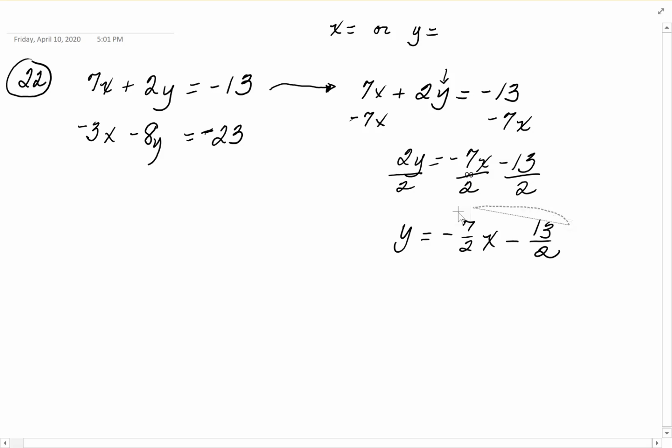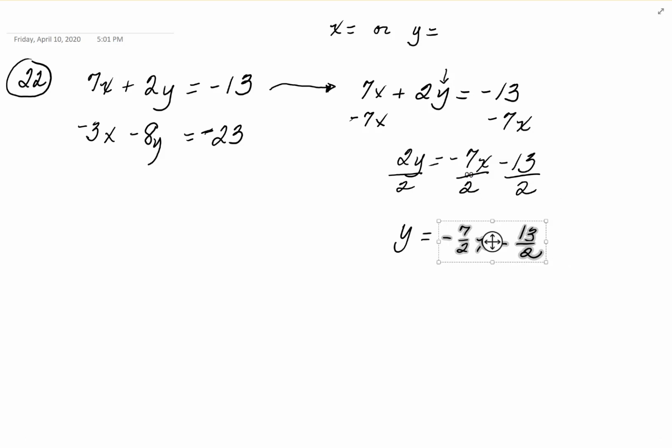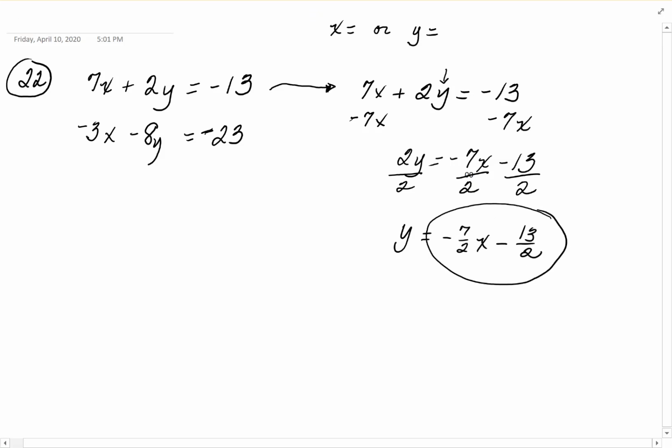Now, this is a value for y, and I'm going to plug it in the other equation. So if you remember looking at my work before, when you're supposed to substitute, then I draw that arrow.